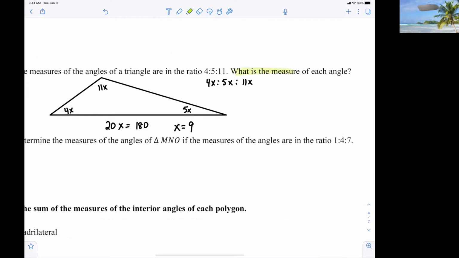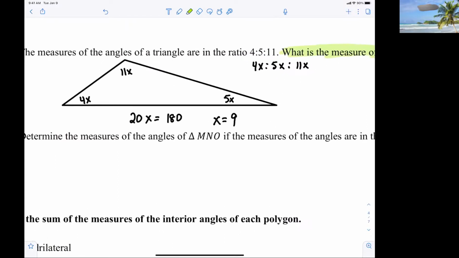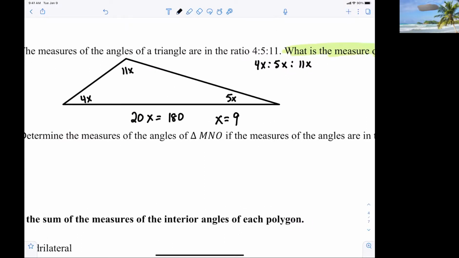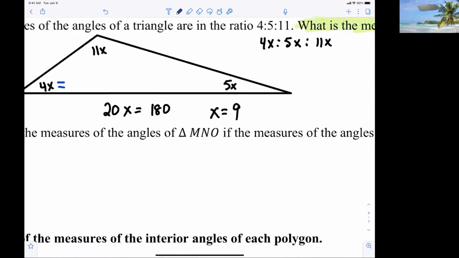No, because it says, what is the measure of each angle? What is the measure of each angle? So what is this angle on the bottom left? How many degrees is that? What does x equal? 9.